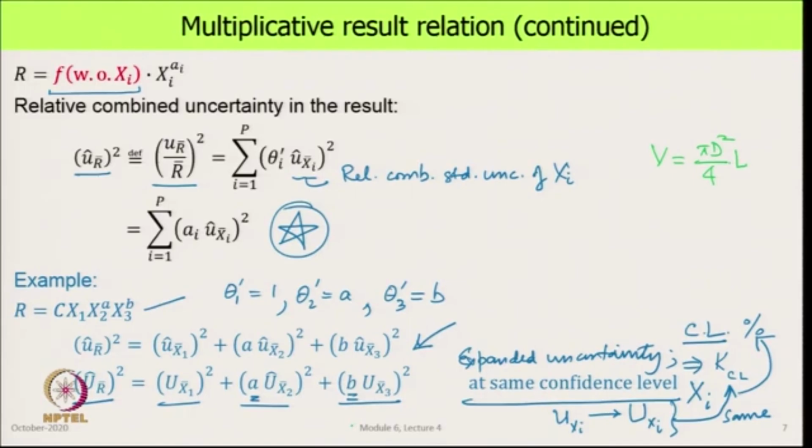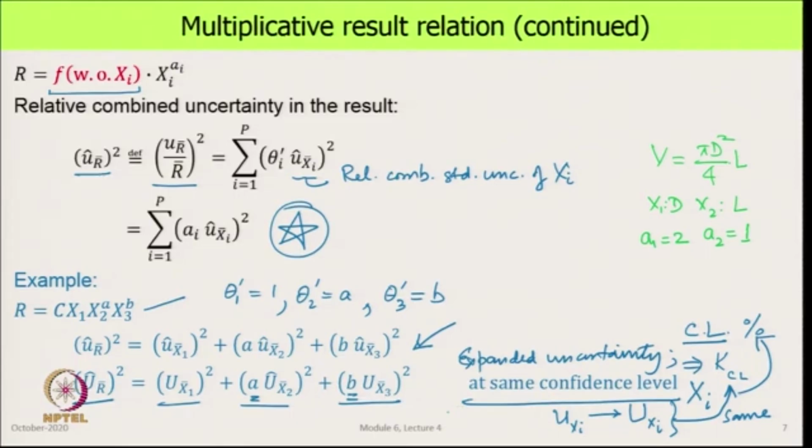Then we see a very simple thing. The exponent of d is 2, the exponent of L is 1. So, if we say x 1 is d, x 2 is L, then A 1 is equal to 2 and A 2 is equal to 1. This is the 2 parameter formula.